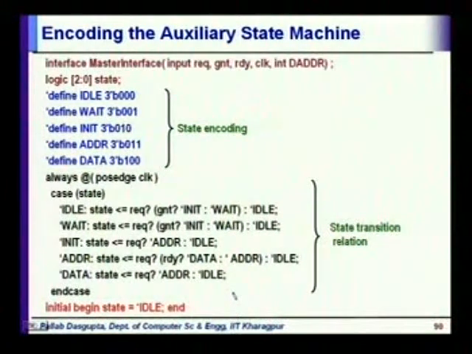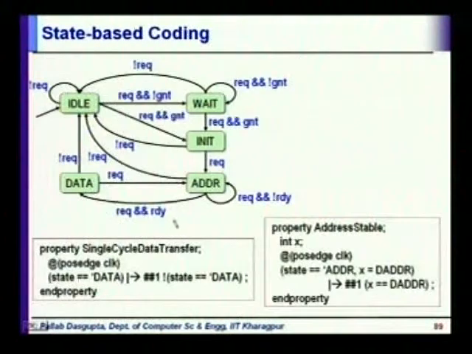Okay. So you express the auxiliary state machine like this in your interface, and then simply write your properties like this. Right. This is a type of coding style that we came up with. See, we have a long history of working with several companies on these assertions, right.